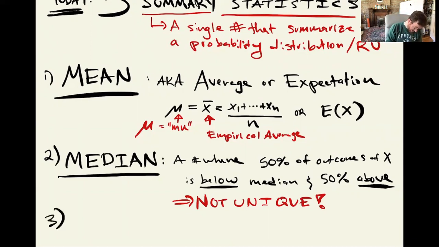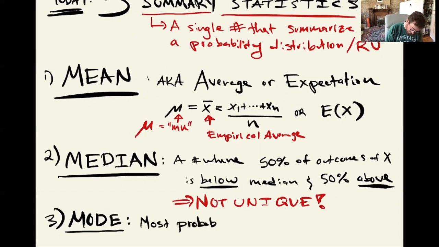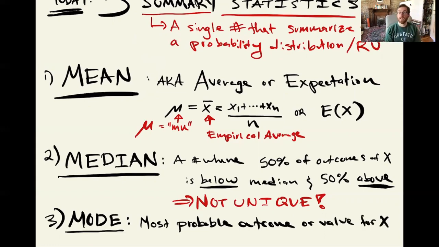The third summary statistic, and I trust that many of you have seen some version of all of these, but we're going to go through it today in a little more formal, rigorous detail. So the mode, which you should think of as most. It's the most likely or the most probable outcome or value for some random experiment or random variable X. And this is also not unique.